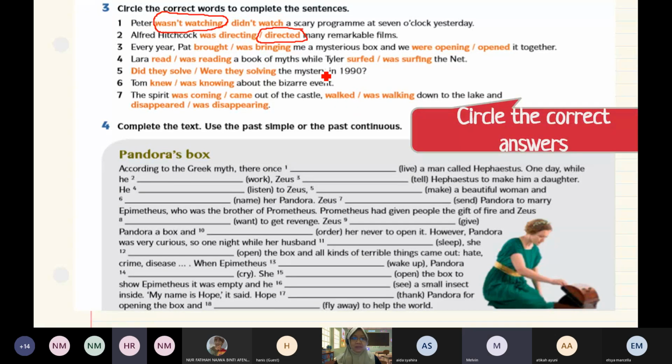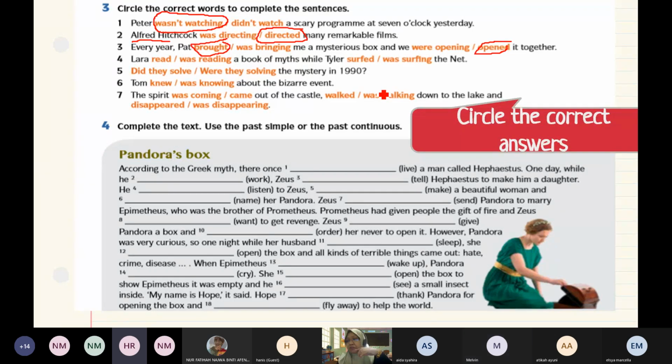Every year, Pat brought me a mysterious box and we opened it together. Every year, brought is the correct answer. It is like a story. When you use a story, you have to use past tense only.